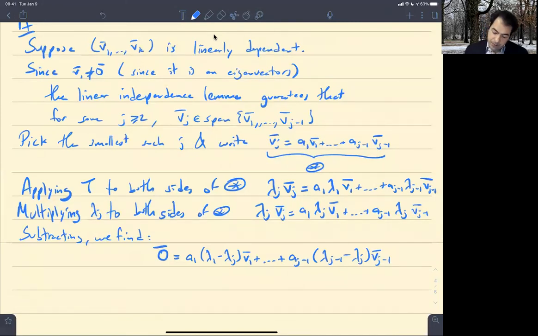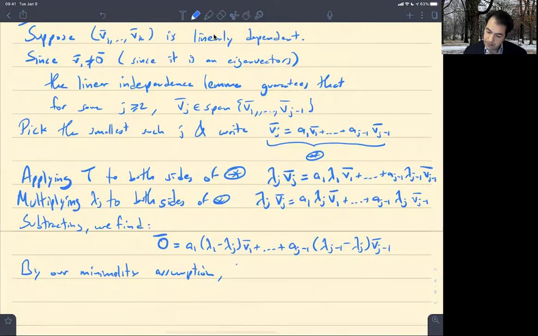So by our minimality assumption, the set v1 to vj minus 1 is linearly independent.